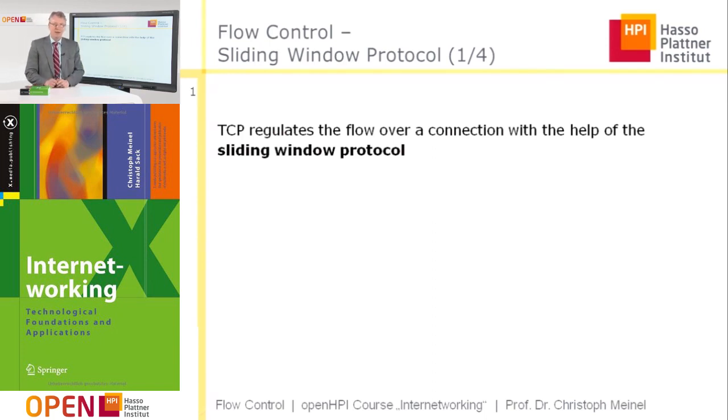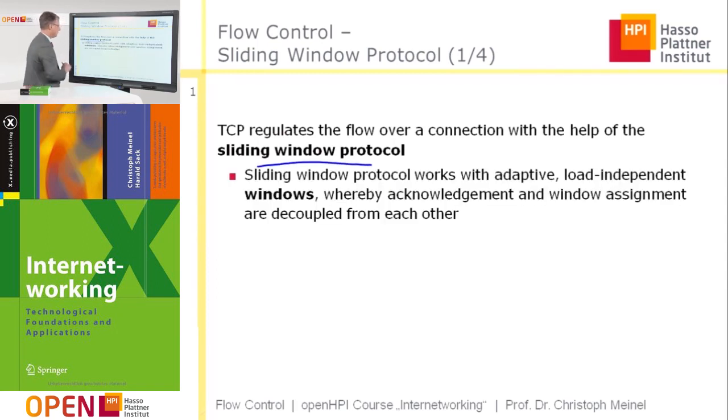We already know that TCP is adaptive in the sense that it adapts the speed of transmission to the situation in the network. And in detail, to regulate the flow over a connection, the sliding window protocol is used.